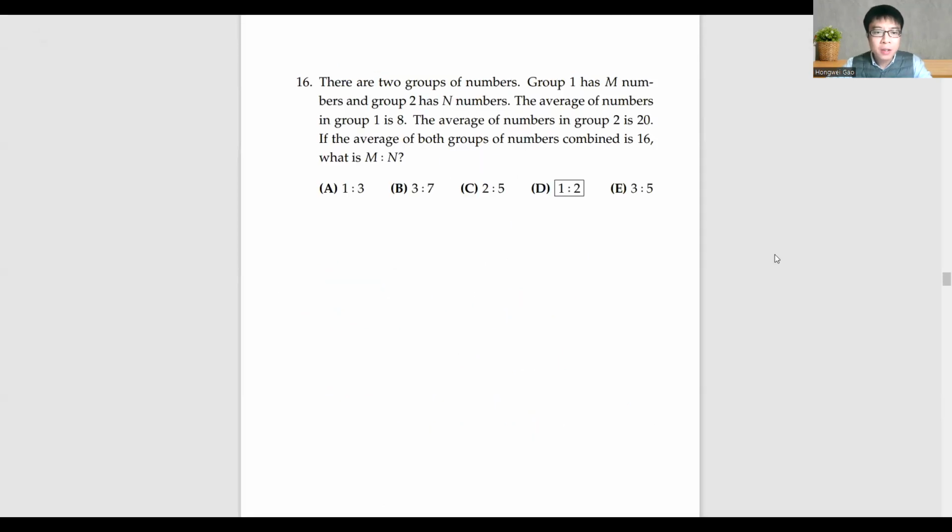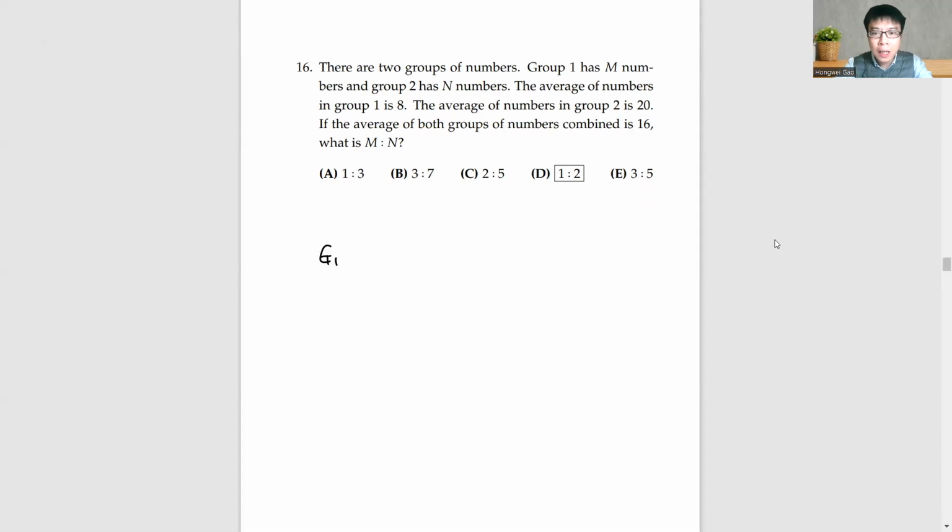Question 16. There are 2 groups of numbers. For group 1, there are n numbers with average equals 8. So we can compute the sum equals 8 times n. Also for group 2, there are n numbers, but the average is 20. So the sum is 20n.